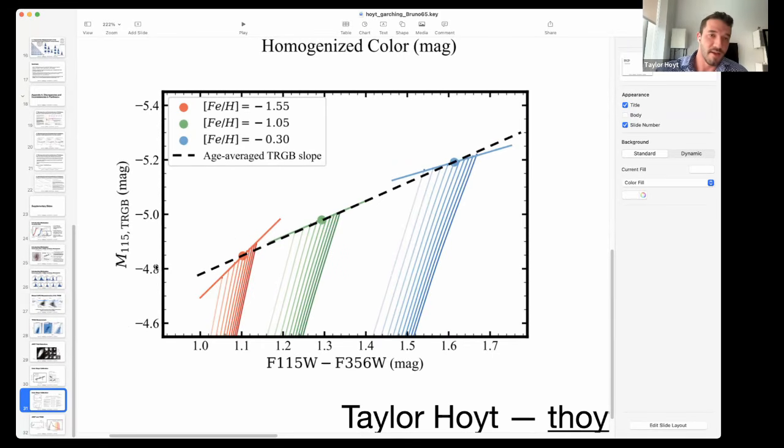And what you can see is that essentially it's how the age effects change as you change the metallicity that will affect the slope. But in the methodology that I implemented for measuring the tip, what I actually constrain is the locus of the TRGB.